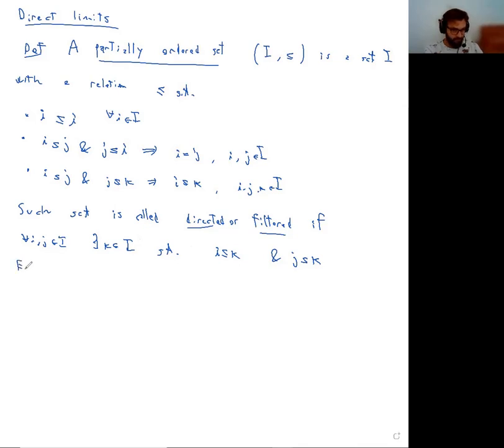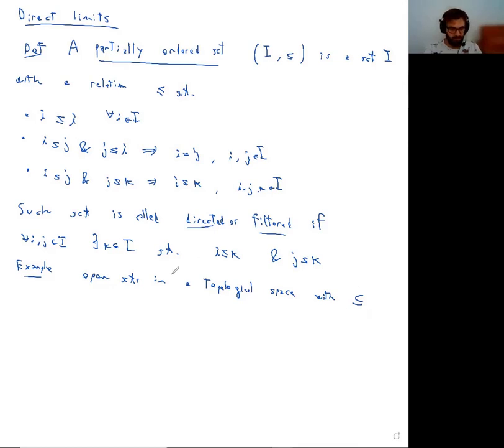And an example, which is really the reason why we introduced the whole thing, is open sets in a topological space, with containment.